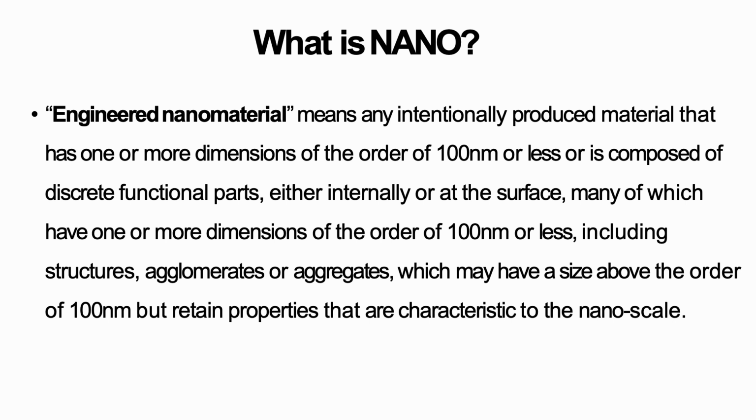It means that they are any intentionally produced material that has 1 or more dimensions of the order of 100 nanometers or less, down to 1 nanometer, or is composed of discrete functional parts, either internally or at the surface, many of which have 1 or more dimensions of the order of 100 nanometers or less, including structures, agglomerates, or aggregates, which may have a size above the order of 100 nanometers but retain properties that are characteristic to the nanoscale.